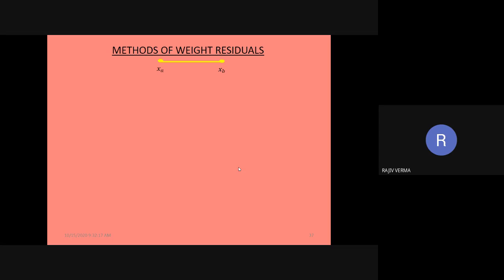But believe me, there are plenty of methods and all of them are actual working methods. It is not that the particular methods which we are going to discuss in the class are the only methods which are successful or which should be used. You can choose any method to obtain the solution of the unknown parameters in the trial function.